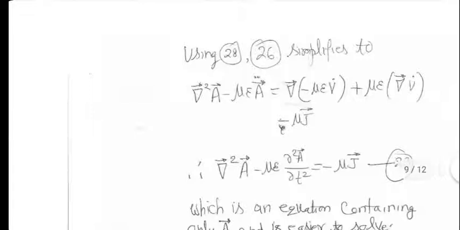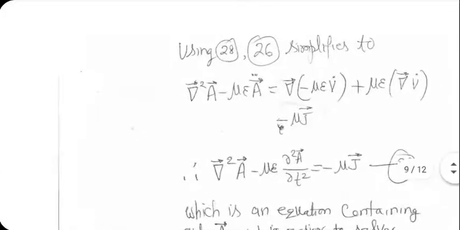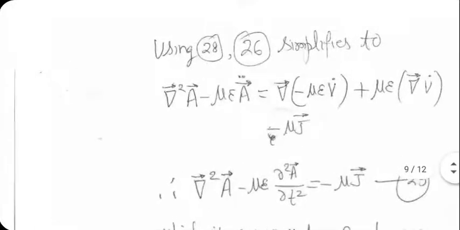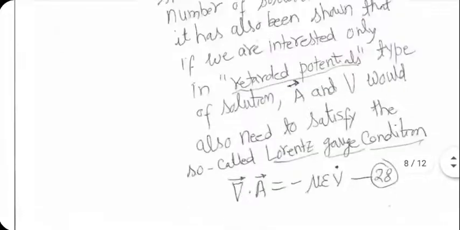I have done this verification several times. I get an independent equation in A involving only J on the right hand side. Decoupling has occurred. Similarly, if you use Lorentz-Gauge condition in equation 27, there also decoupling occurs.